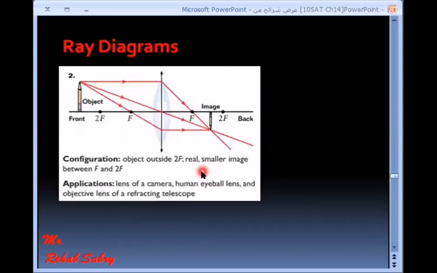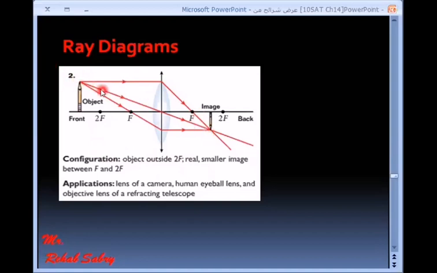The second case, if the object is outside 2F. Here this is the object. We want to get the diagram as we were making in the mirrors. Draw three rays. One is parallel to the principal axis; it will go through the focus.